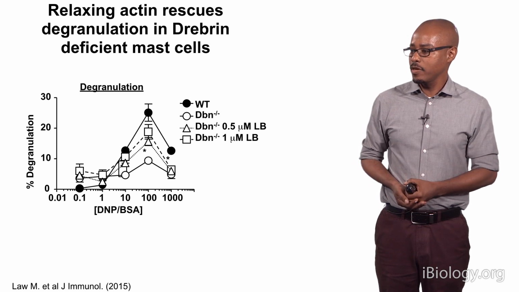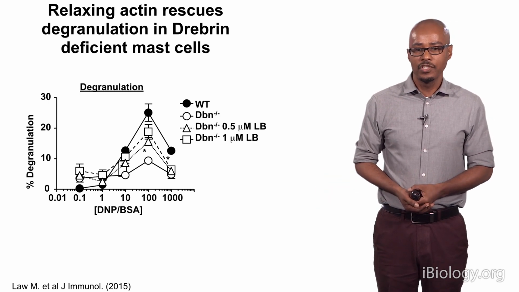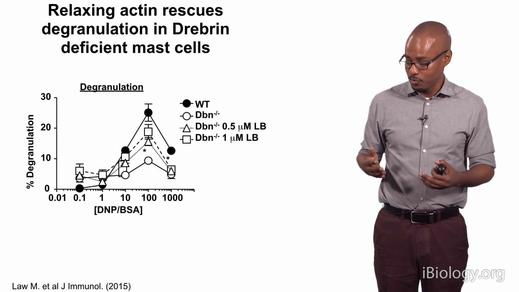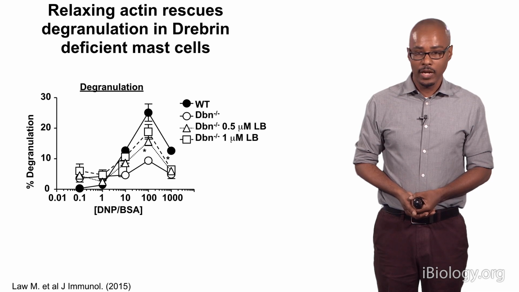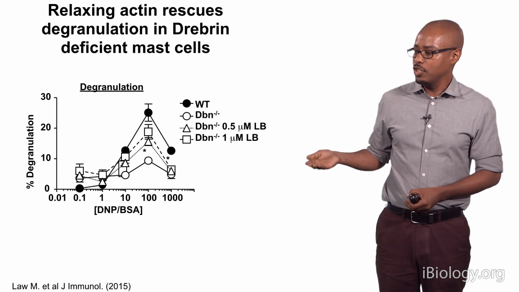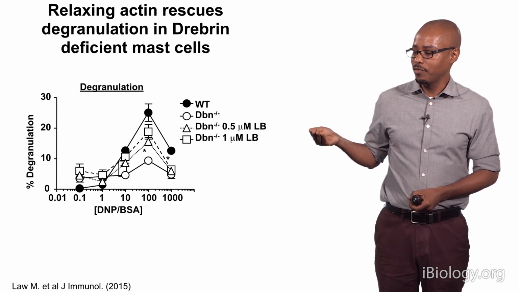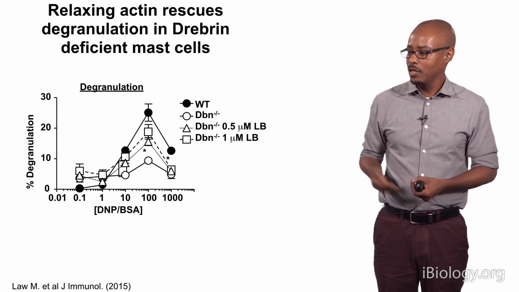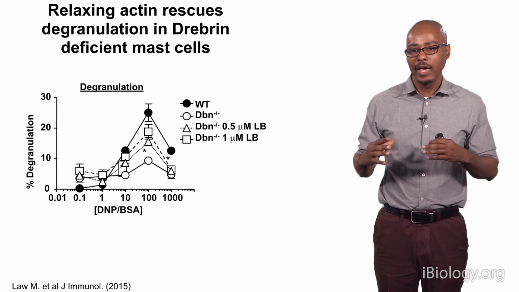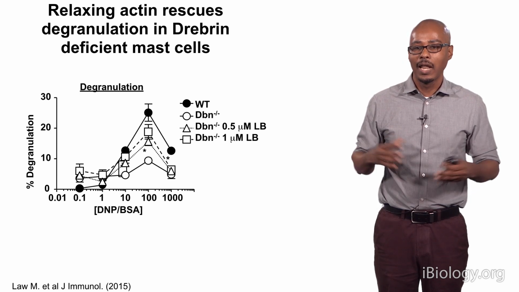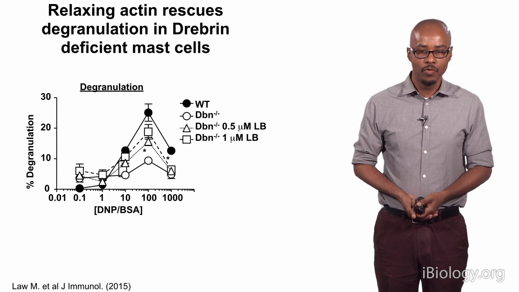In the absence of Drebrin, in the open circles, you can see that Drebrin-deficient mast cells actually degranulate much less. However, when we treat these Drebrin-deficient mast cells with either 0.5 or 1 micromolar Latrunculin B, we can partially rescue degranulation, indicating that allowing F-actin to be more fluid in these cells allows them to now be able to degranulate.